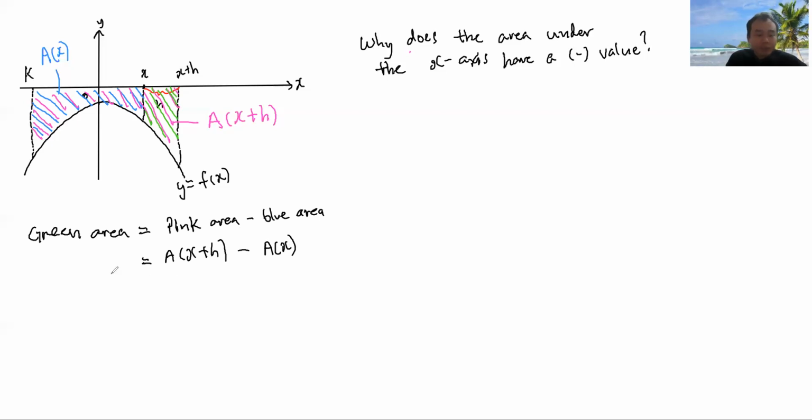Now let's look at this green area only. I'm going to form two rectangles, and we're going to talk about that. Maybe I will use a yellow, hopefully you can see it.